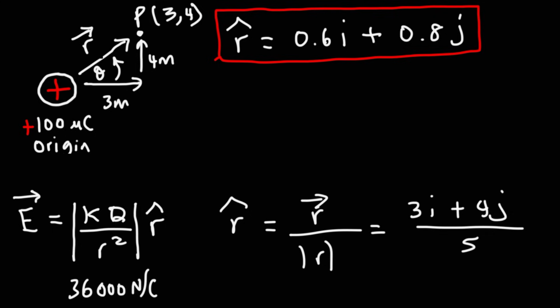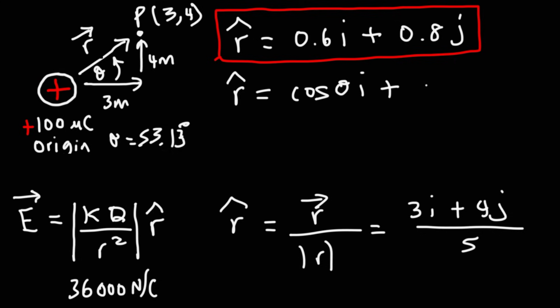So now that we have the unit vector, r hat, I want to show you another way in which you can calculate it. Earlier in this video, we calculated that angle to be 53.13. So r hat is also cosine of the angle measured from the positive x-axis times the unit vector i plus sine of that angle times the unit vector j.